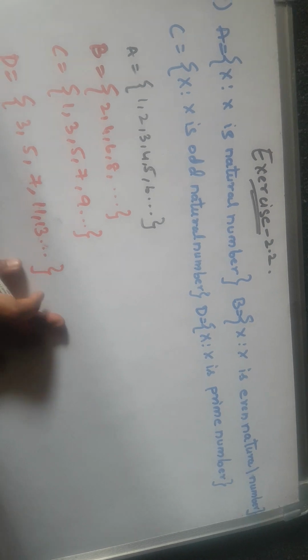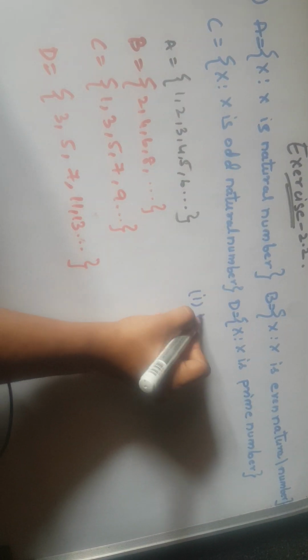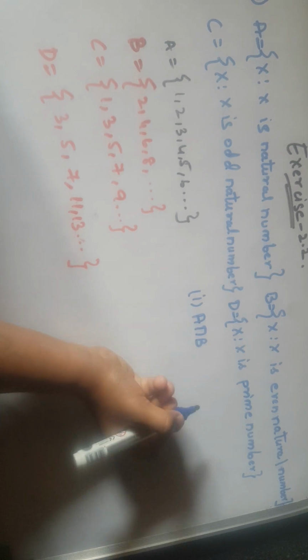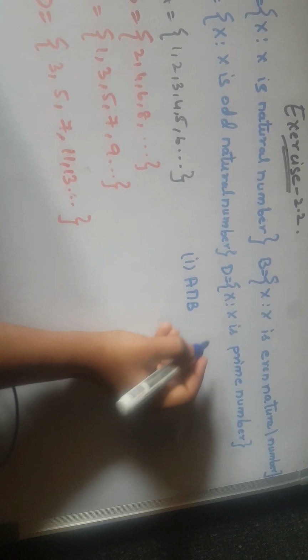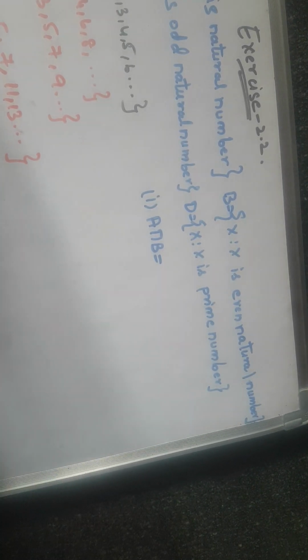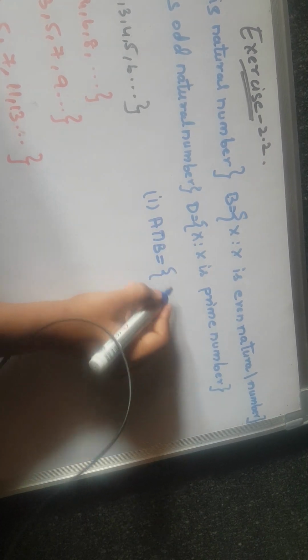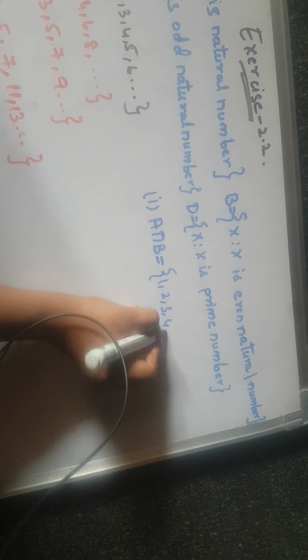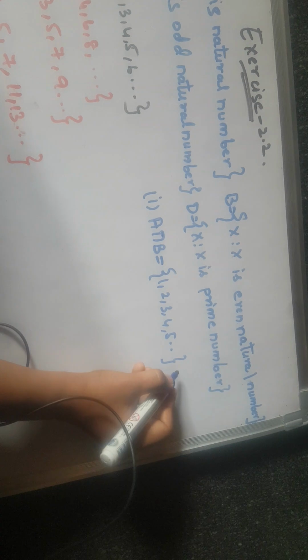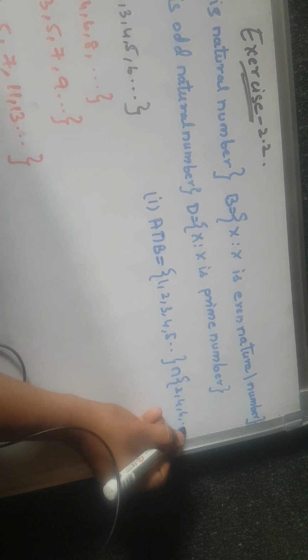Now we have to find the value of A intersection B. So now write A intersection B. What is the value of A? 1, 2, 3, 4, 5 and so on. And intersection B, what is the value of B? 2, 4, 6 and so on.